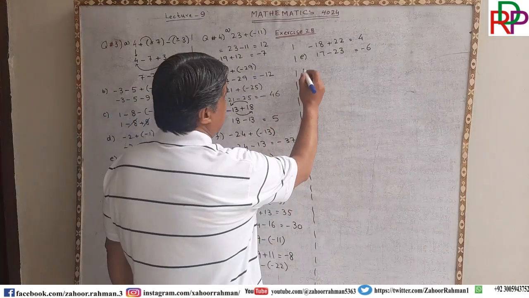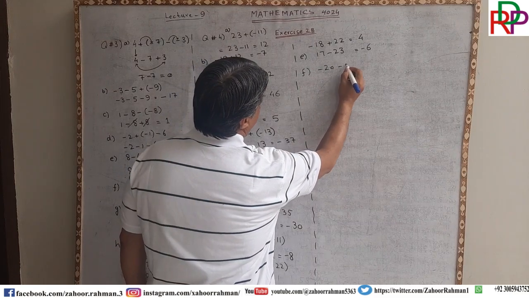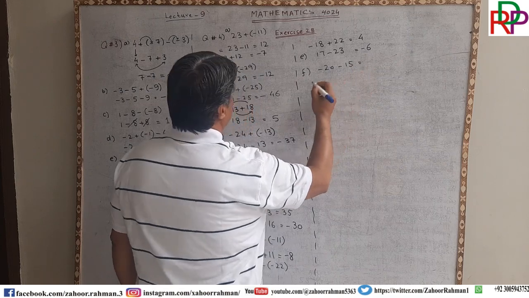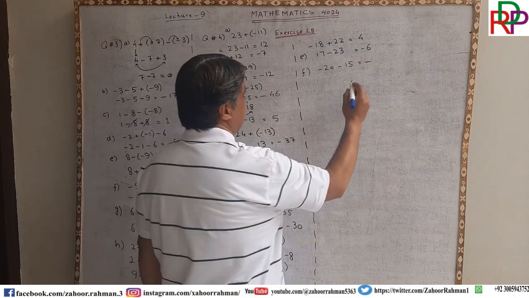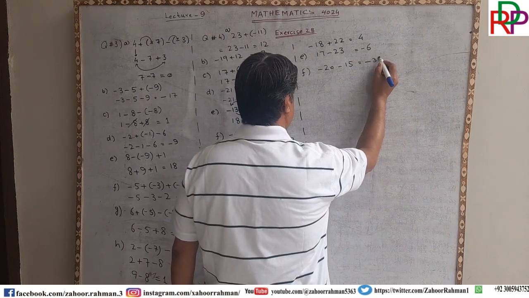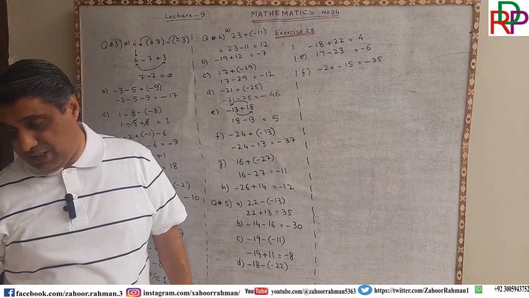F number is minus 20 minus 15. Again I am directly writing minus, and then it is minus 35. G number part, and H is also there.